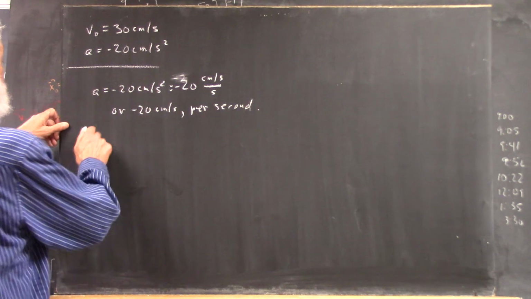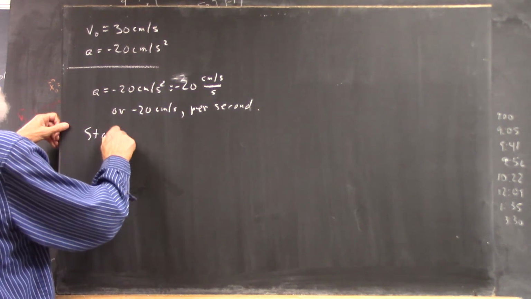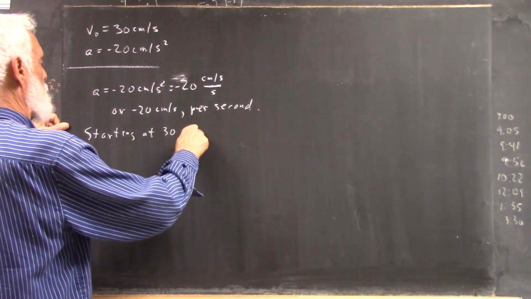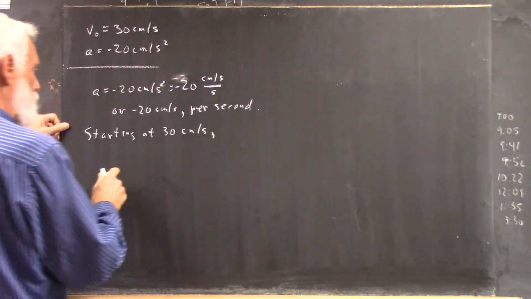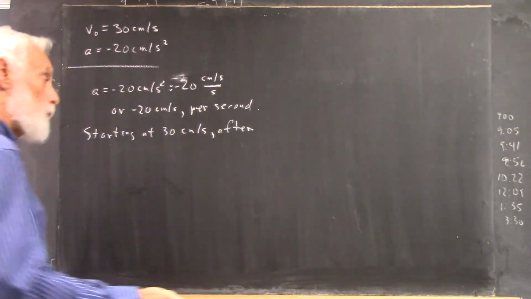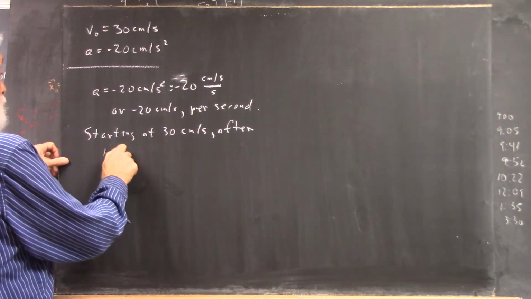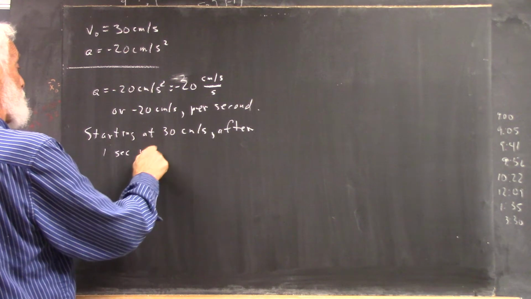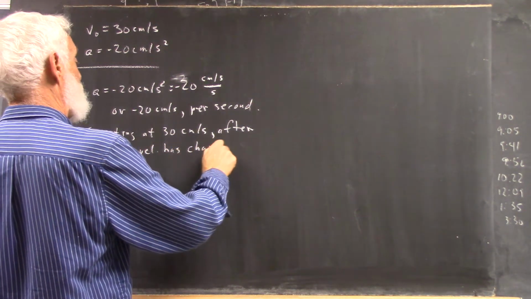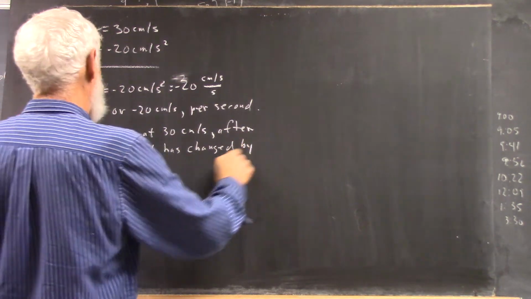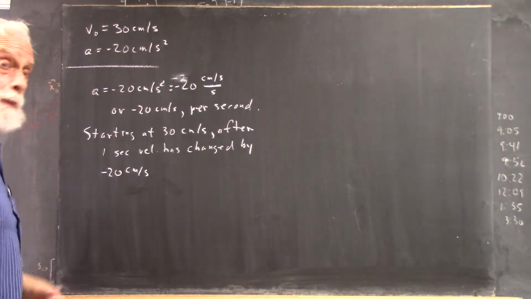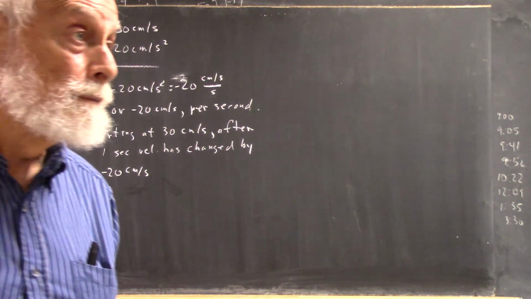So starting at 30 centimeters per second, after 1 second, the velocity will have changed by negative 20 centimeters per second.